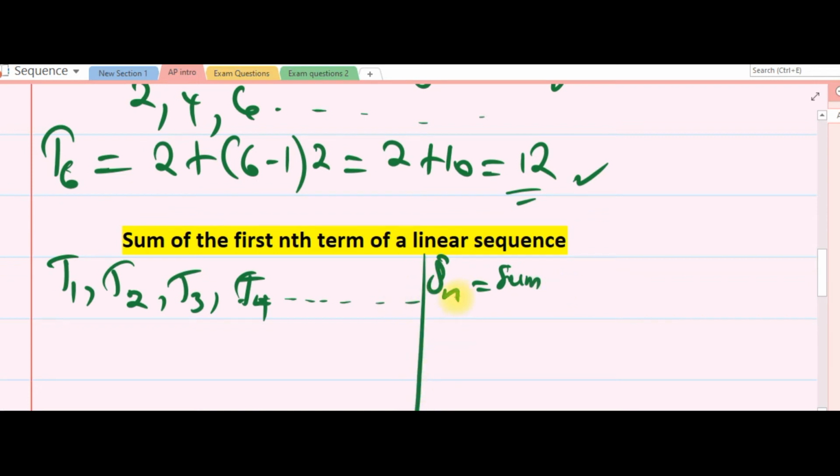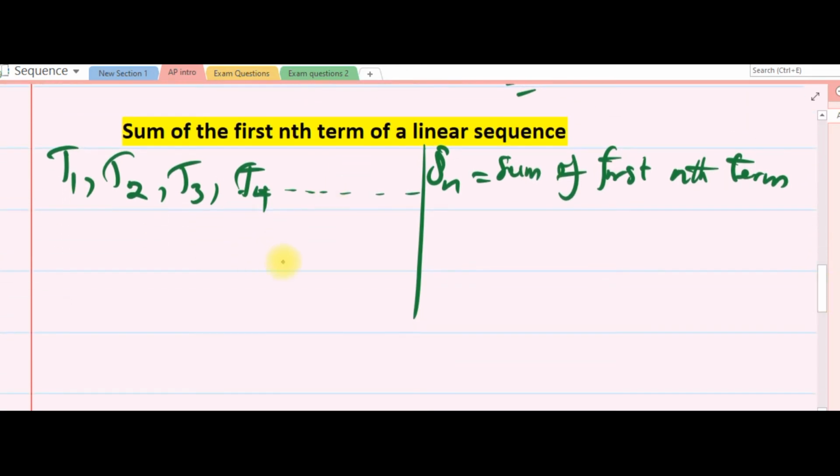Let's denote S subscript n as the sum of the first n terms. So you notice that if you want the sum of the first term, the sum of the first two terms, let's assume S2 as the sum of the first two terms, which is T1 plus T2.